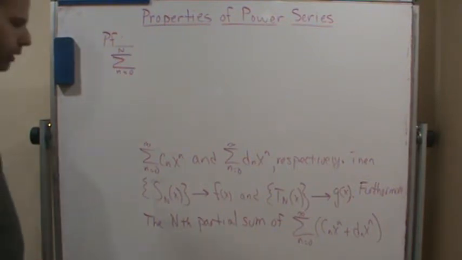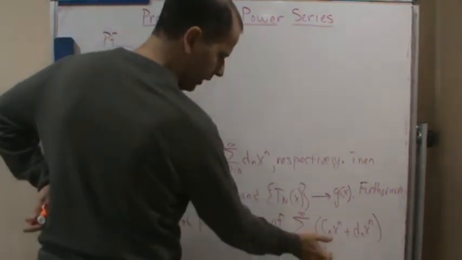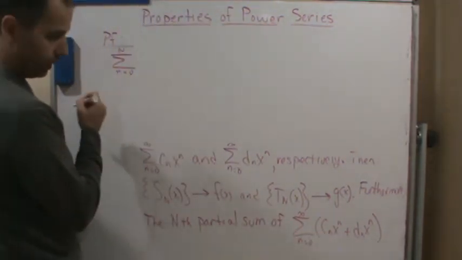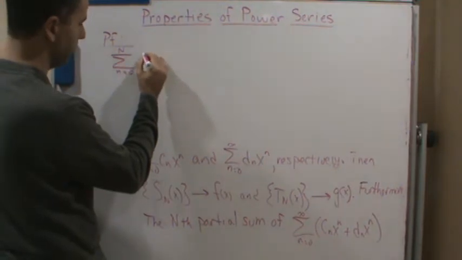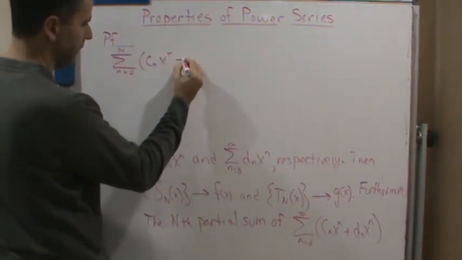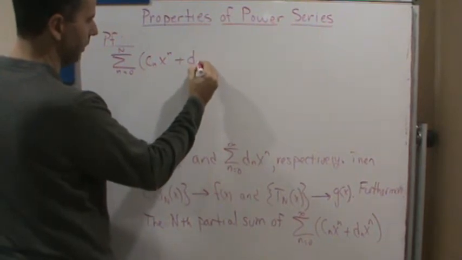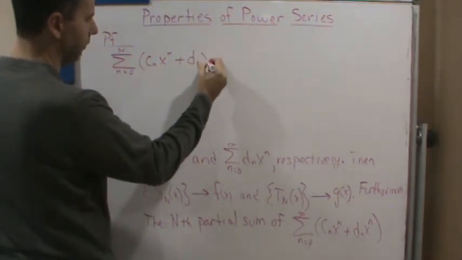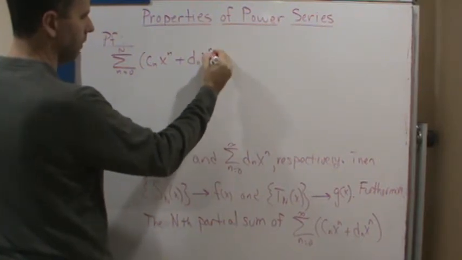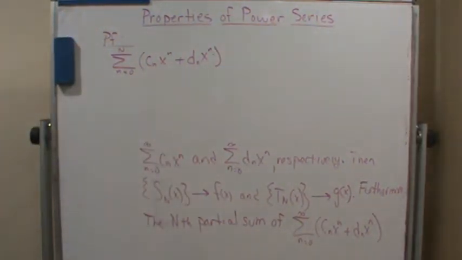Okay, so now we can represent the nth partial sum of this as the sum of c sub n x to the nth plus d sub n times x to the nth.